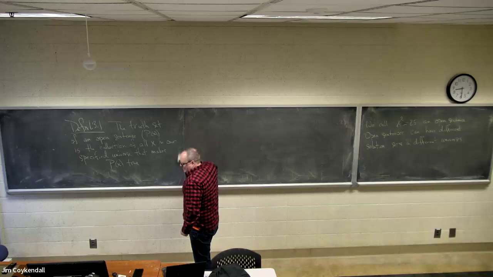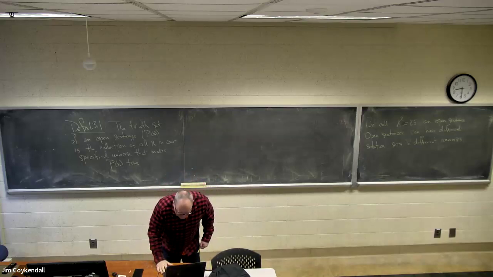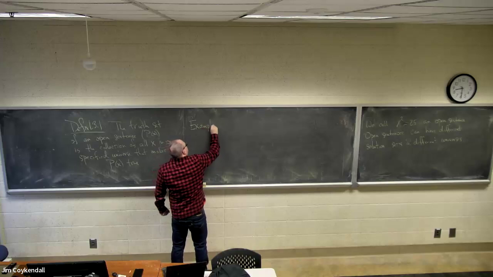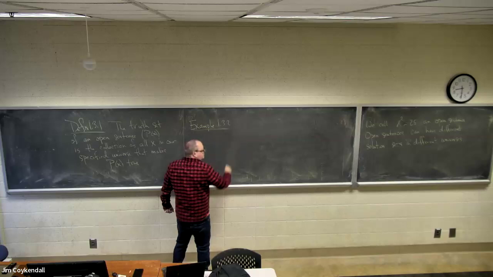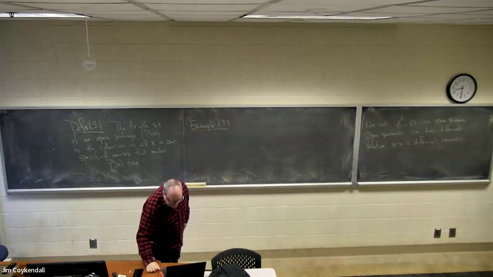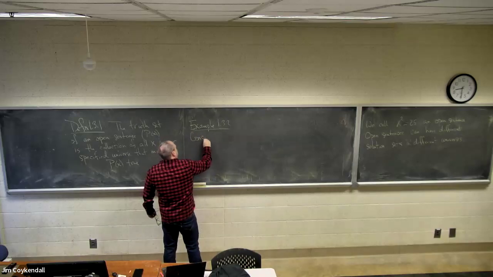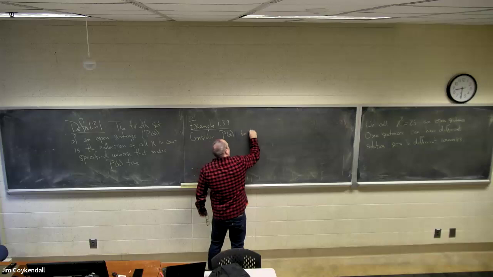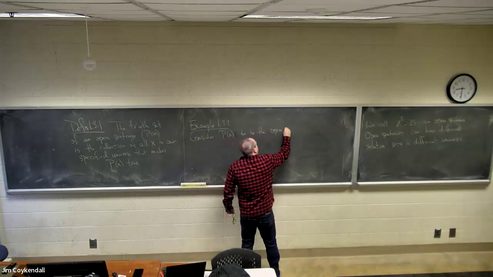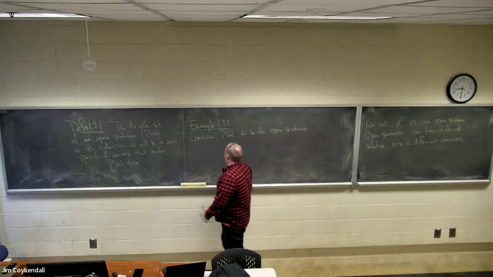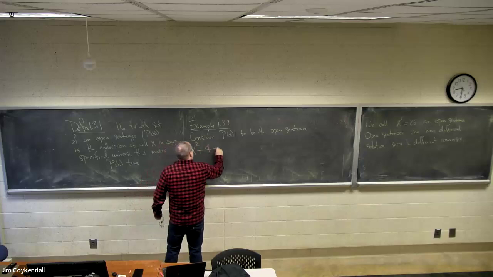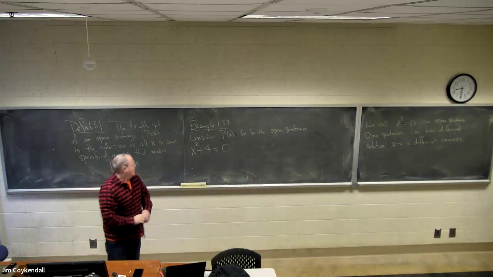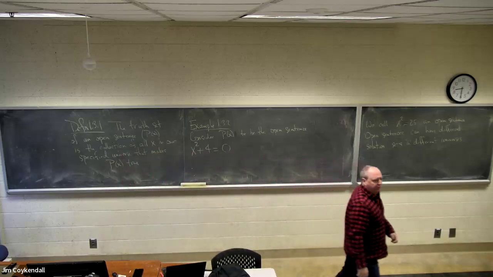So let's look at some examples. Okay, so consider P of x to be the open sentence x squared plus 4 equals 0.